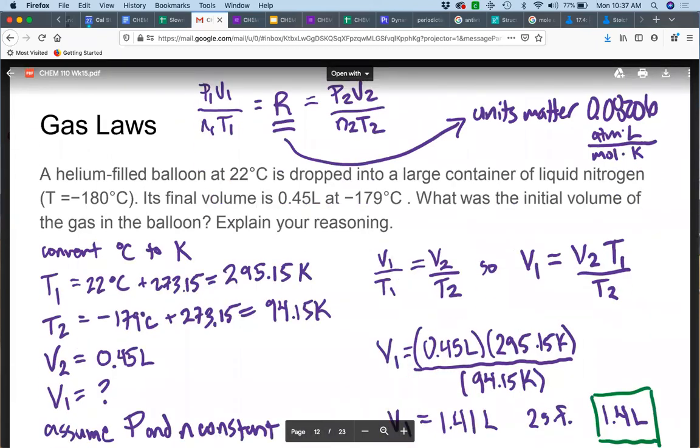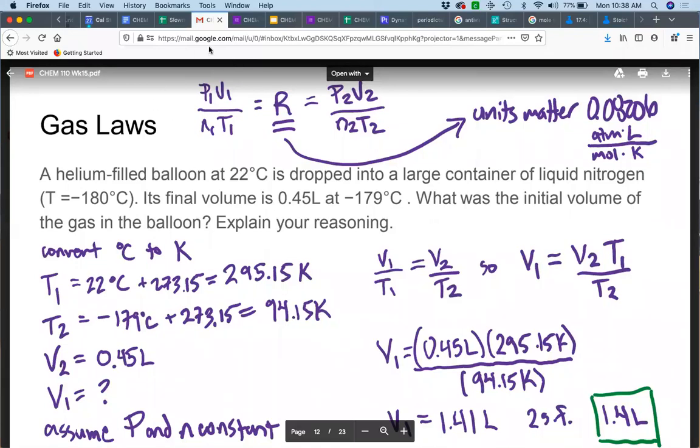In order to be able to solve that problem, there are a couple of things that I have to be attentive to. The first is that I have this generic expression of PV over nT, and that's equal to R. If you're like, oh, I don't remember it that way, I always remember PV equals nRT, that's fine. You can rearrange that expression to get to this expression.